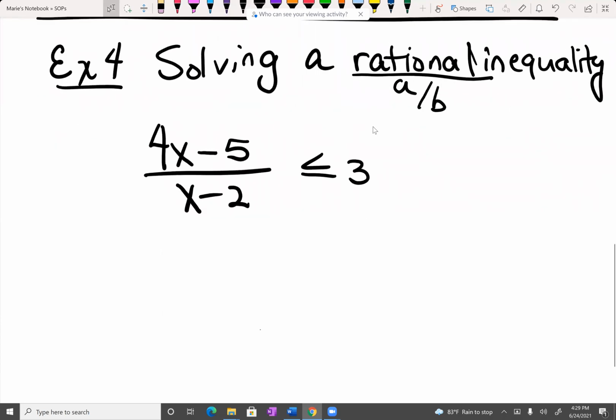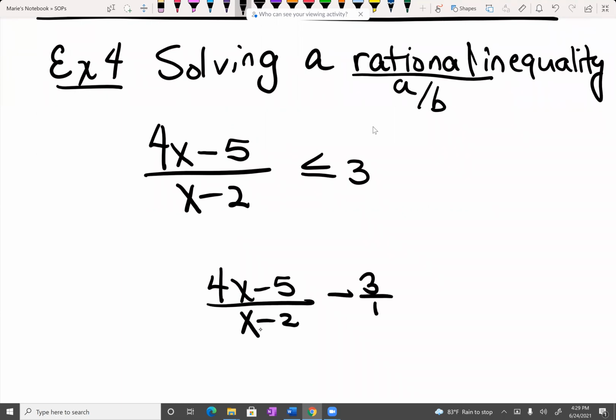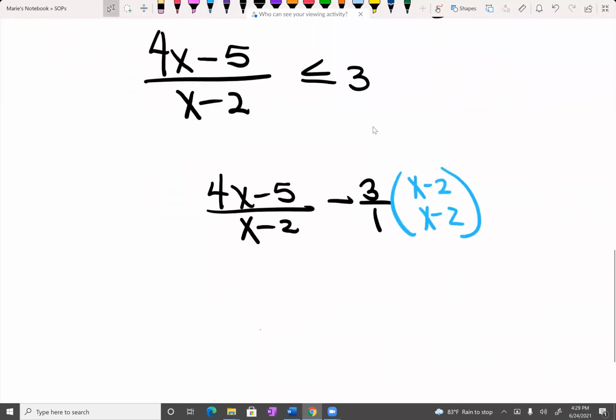So step 1 in solving a question like this is to subtract the 3 and bring it over. So you really have 4x minus 5 over x minus 2 minus 3 over 1. But remember that to make this true, you have to multiply top and bottom by x minus 2 to build up this equation.